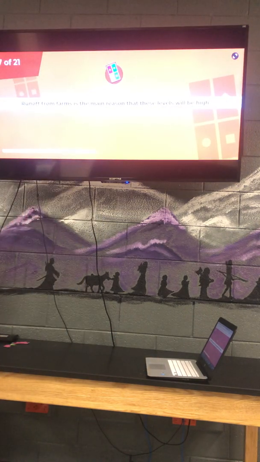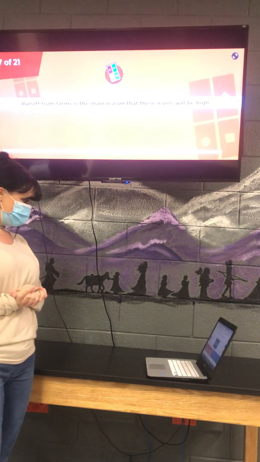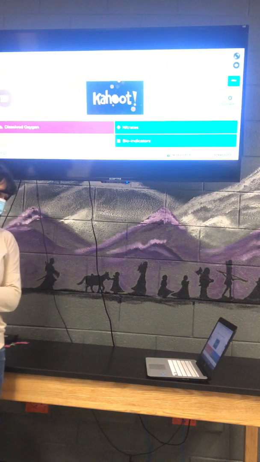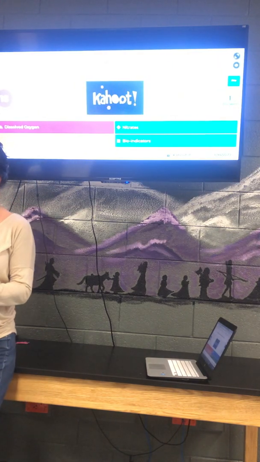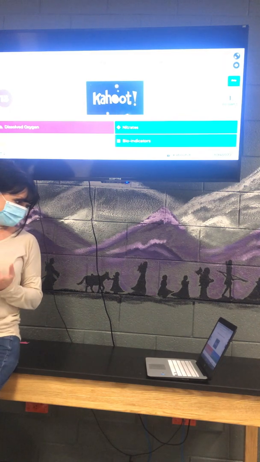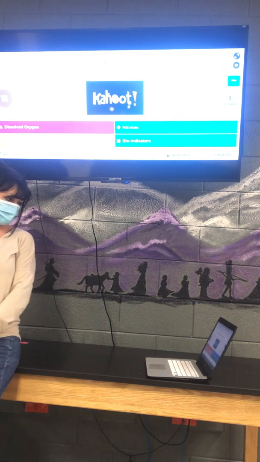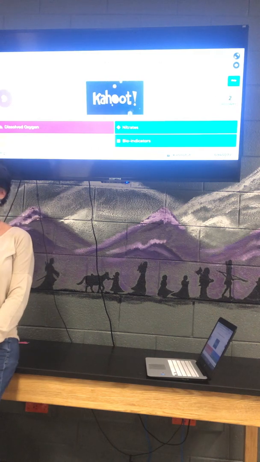Runoff from farms is a main reason that these levels will be high. Okay, so I already went over this with eutrophication. It doesn't say fertilizer, so you're going to have to pick something that's in fertilizers.